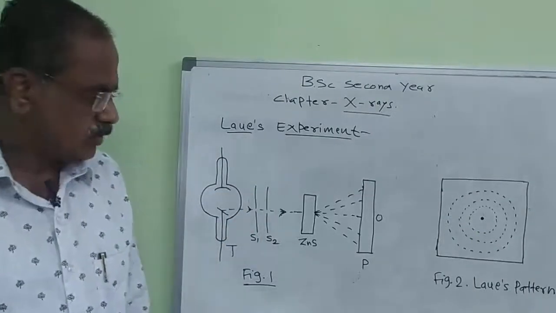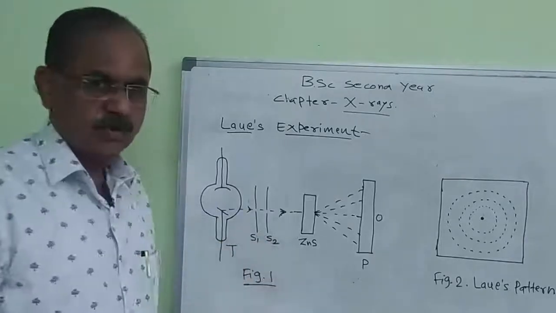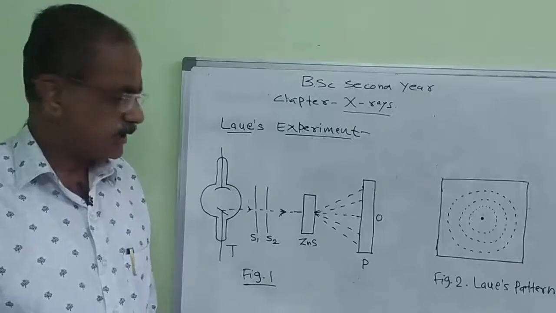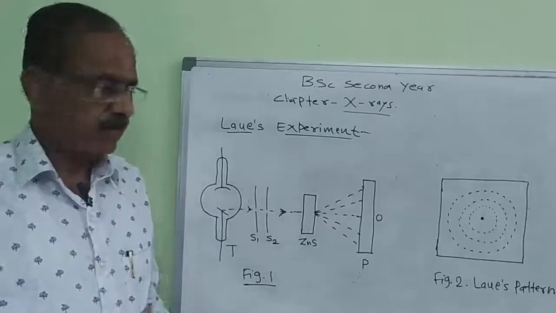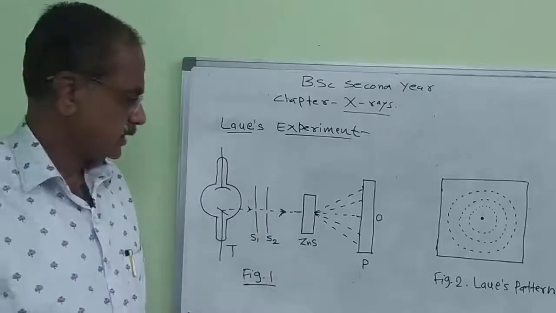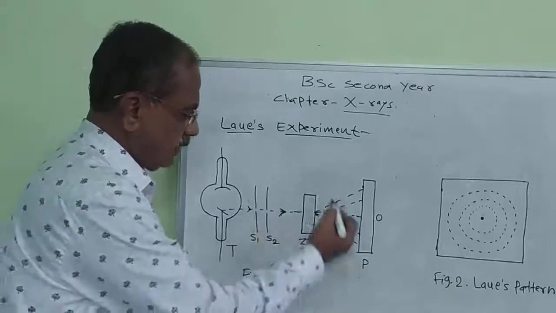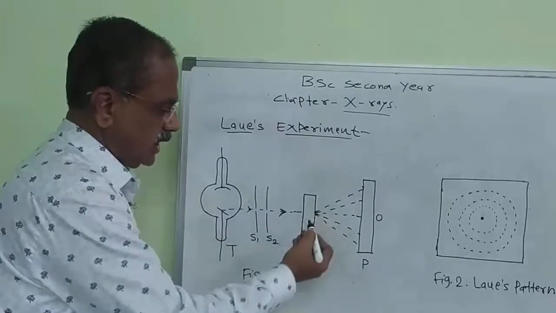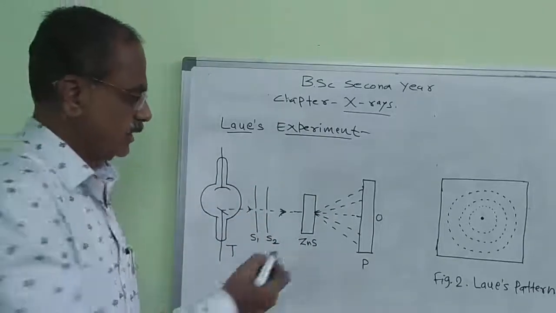The function of the X-ray tube is to produce the X-ray beam. S1 and S2 are the two slits. The function of these two slits is to collimate the X-ray beam and pass a single beam towards the crystal. As this X-ray beam is incident on the crystal, the diffraction pattern is obtained.